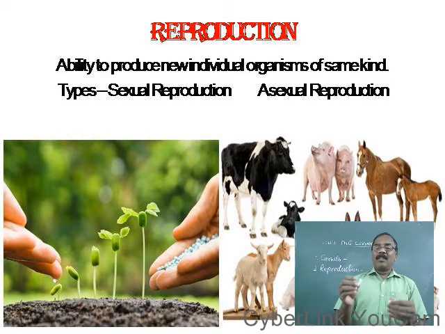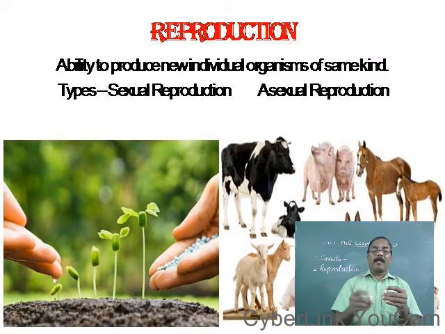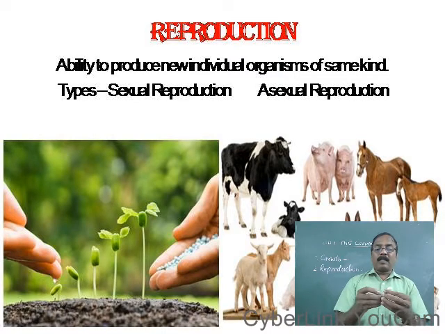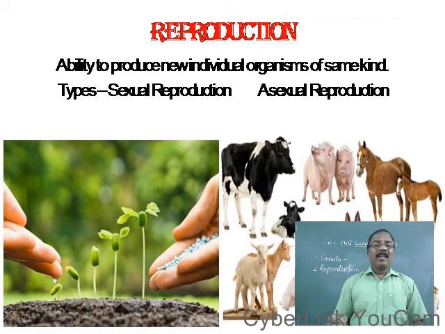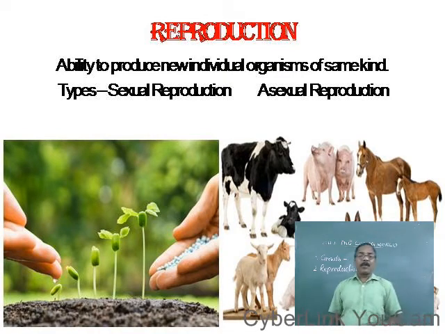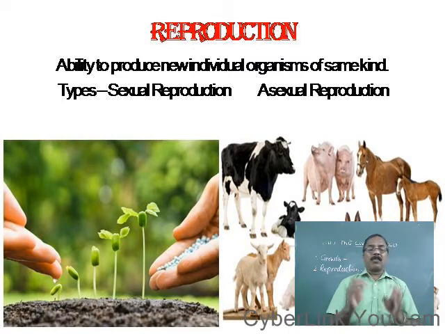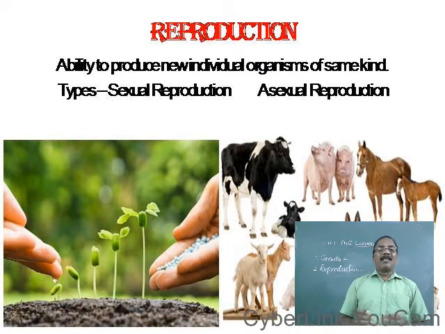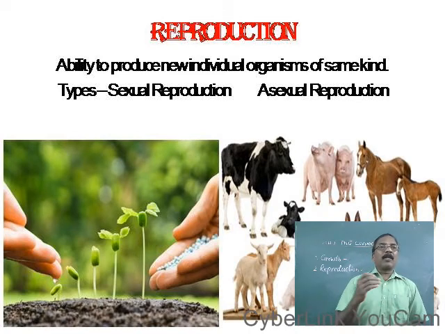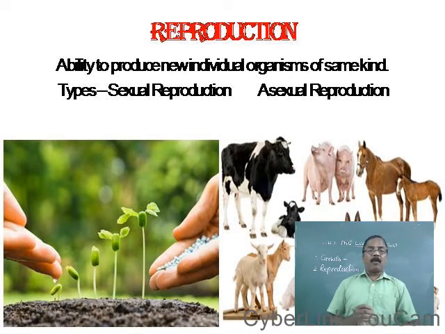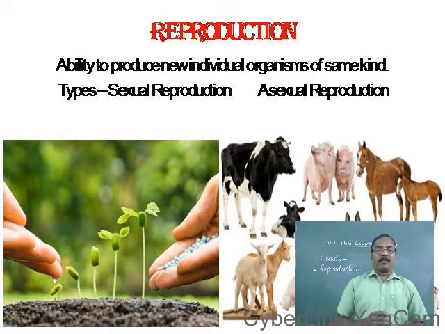And further, these pieces will not grow to become a full-sized chalk like this. Right? So that is why the ability of reproduction, producing its own kind, is assigned to living organisms only. So reproduction is a characteristic property of living organisms.